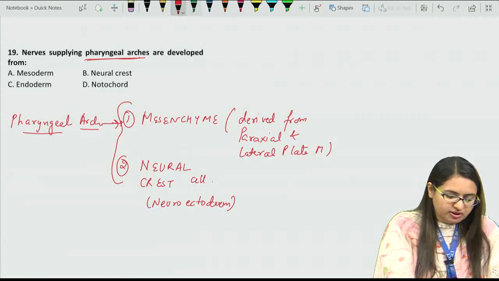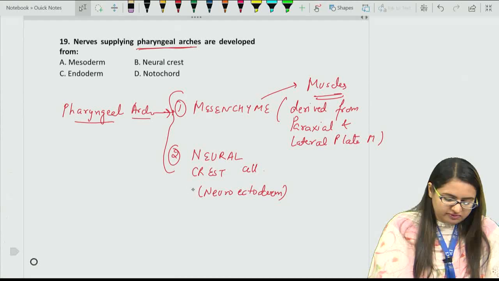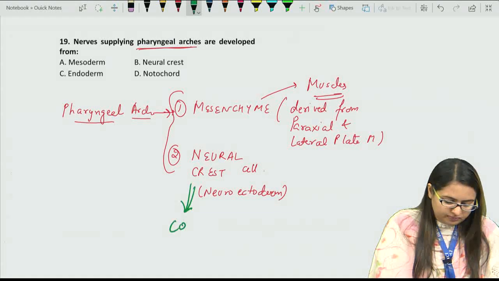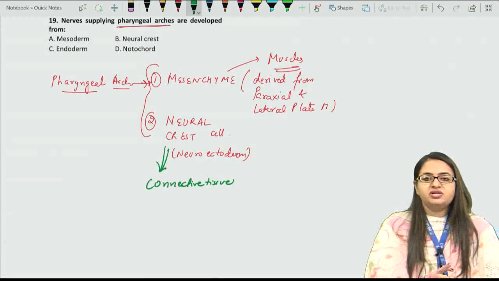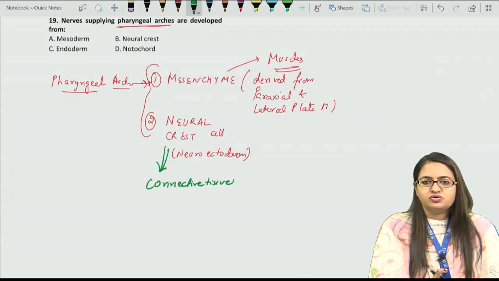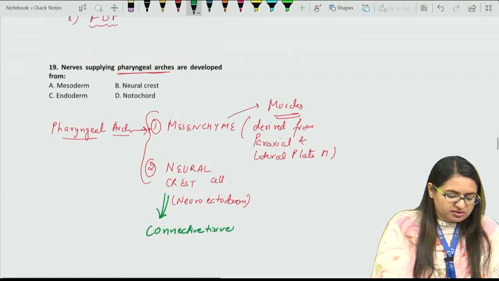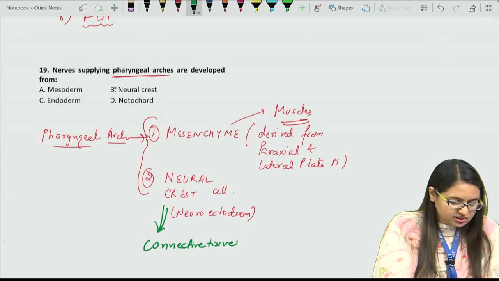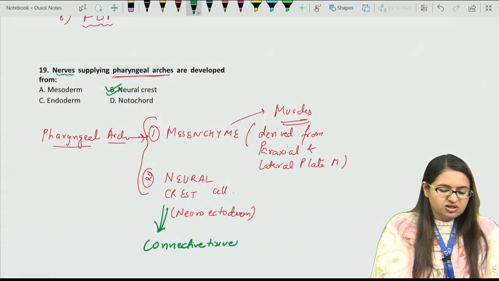The mesenchyme mainly gives rise to the muscles derived from this arch, and the neural crest cell gives rise to the connective tissue. The neural crest cells present in the pharyngeal arch give rise to the bones, ligaments as well as the nerves. So the answer for question number 19 is B, that is neural crest. The neural crest is the one which gives rise to the nerves for each of the pharyngeal arches.